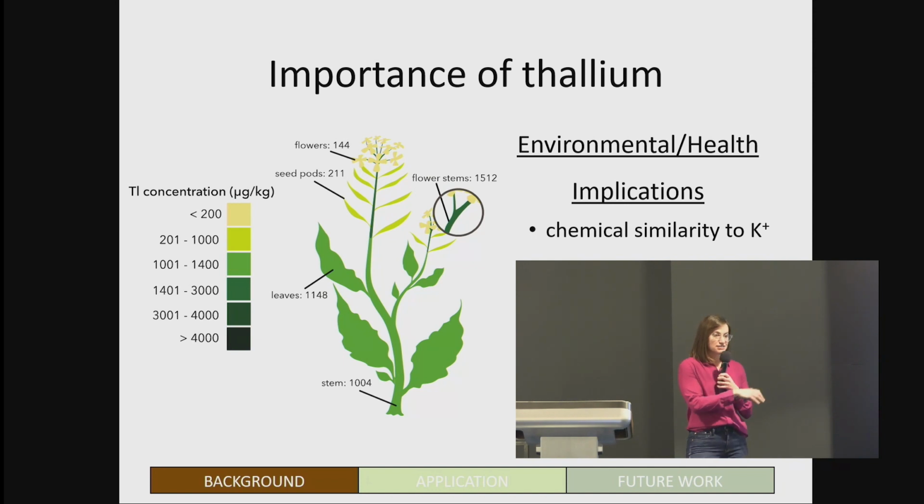But plants that are growing in those substrates can continue to take thallium into their systems and ultimately concentrate thallium, oftentimes orders of magnitude higher in plant material than in the soil. And so this poses both environmental concerns, but also great opportunities for things like bioprospecting or phytomining.